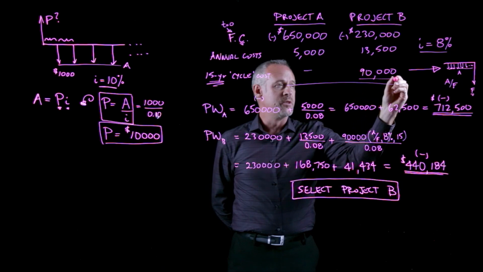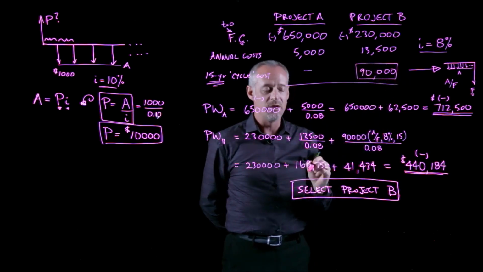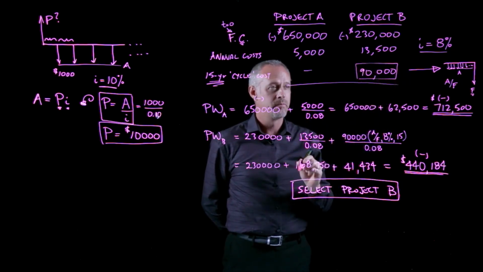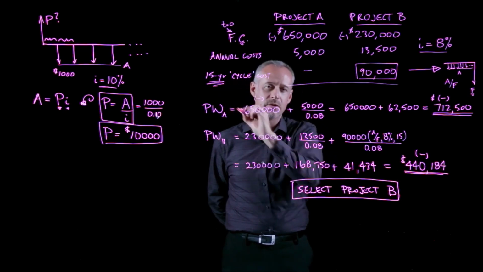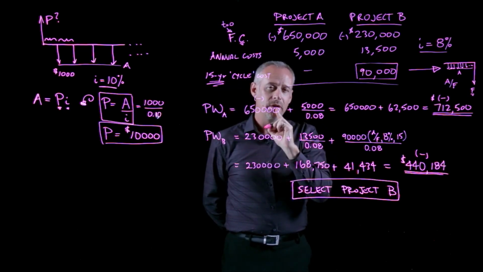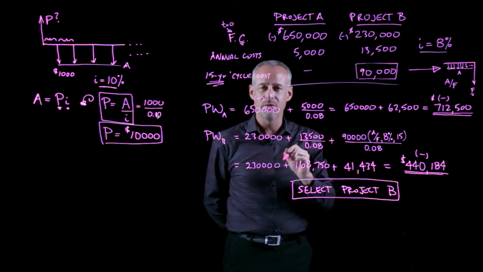This 90,000, this was really kind of the only trick to this problem. I could look at this another way. I could say, well, if this 90,000 occurs once every 15 years, I could calculate an effective 15-year interest rate.